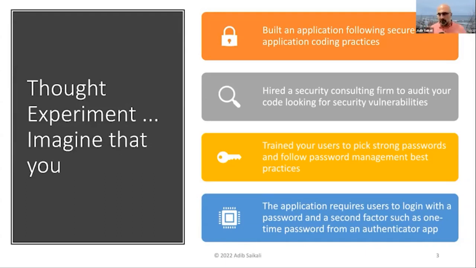You've trained your users to use all of the strong password best practices and management practices for passwords. And your application actually has two-factor authentication. So when users log in, they have to give a password and they have to give a second factor, like a one-time token from one of the authenticator apps. The question is, how do you break into this super secure application?